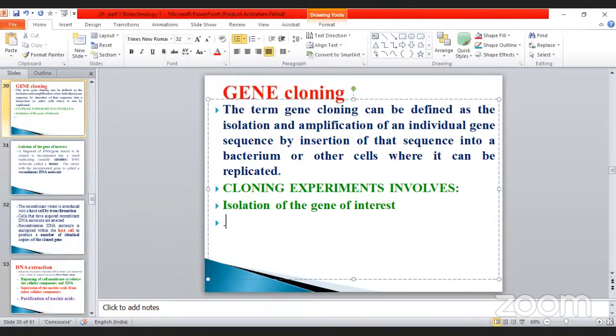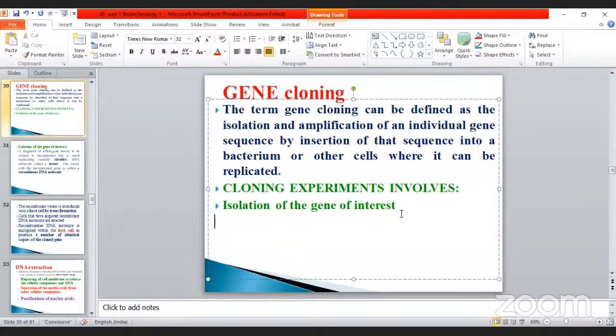The next method is gene cloning. The term gene cloning can be defined as the isolation and amplification of an individual gene sequence by insertion of the sequence into a bacterium or cell where it can replicate. That process is called gene cloning. The gene cloning experiment involves the following steps. First is isolation of the gene of interest.